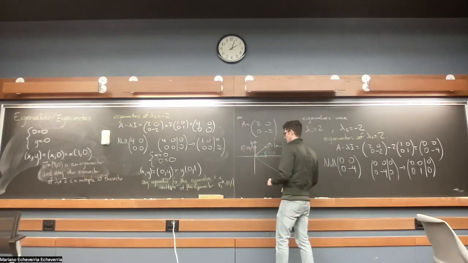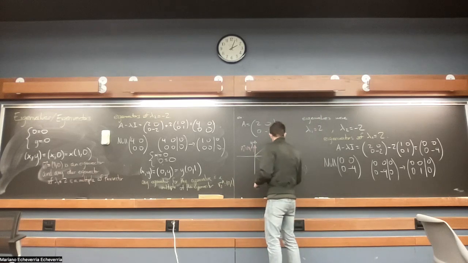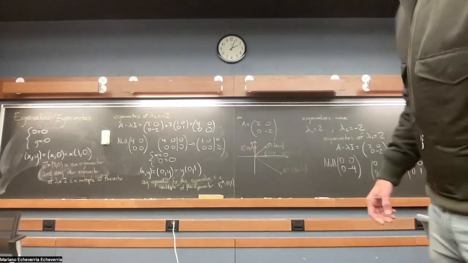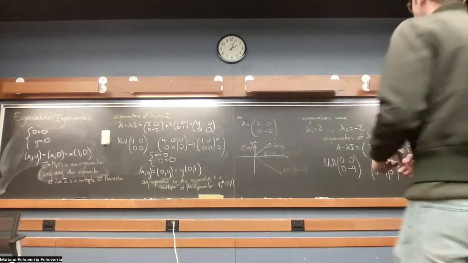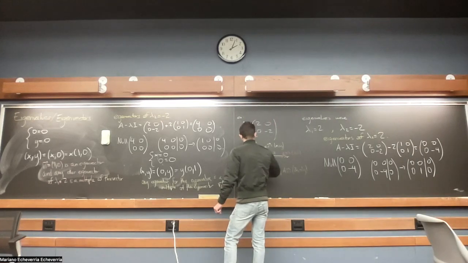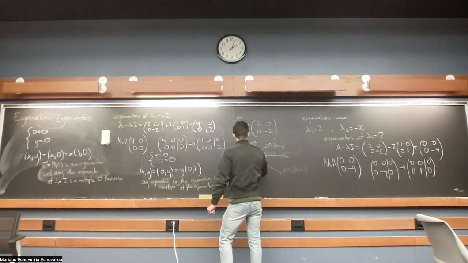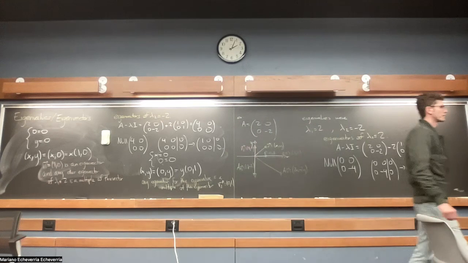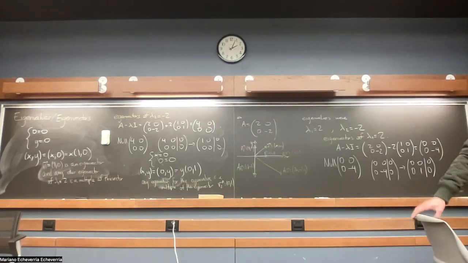So if you think what this looks like, if you look at the vector AB2, that's 0, -2. So it became -2 times the original vector. So that's why the eigenvalue was -2.